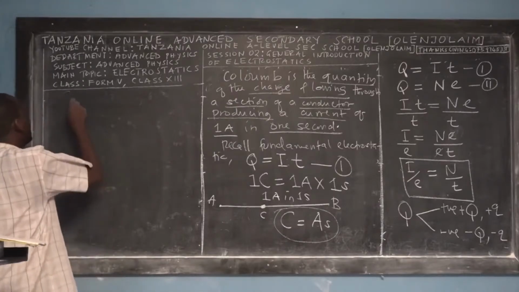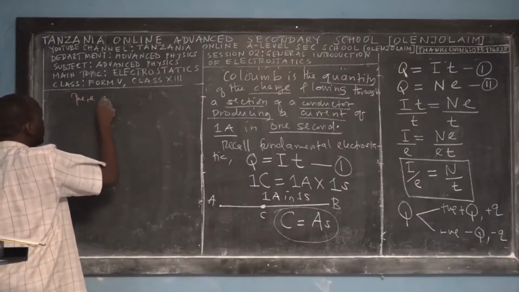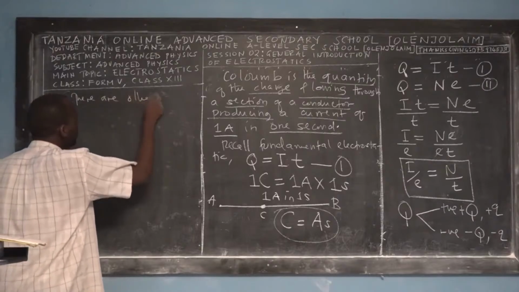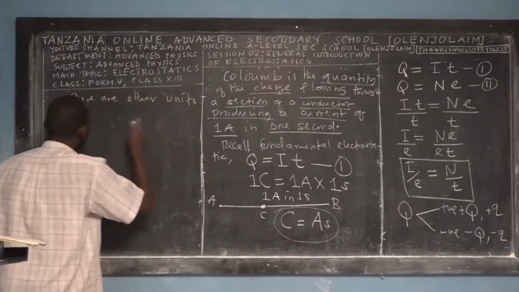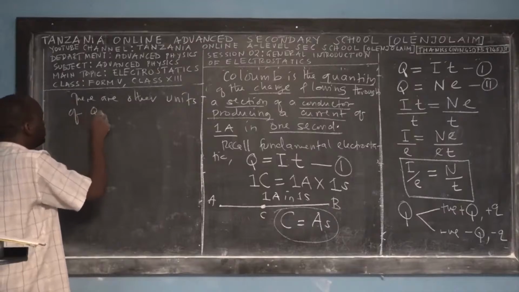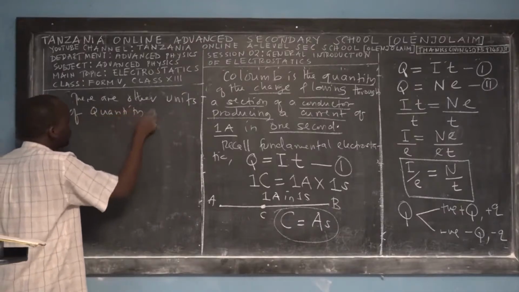The SI unit of quantity of charge is the coulomb. But there are other units of quantity of charge.